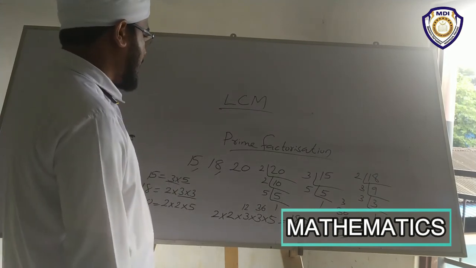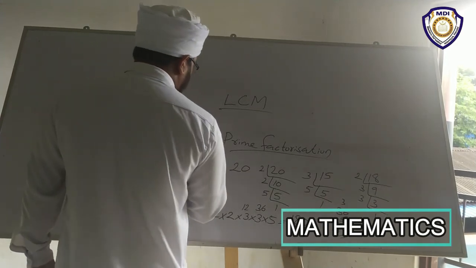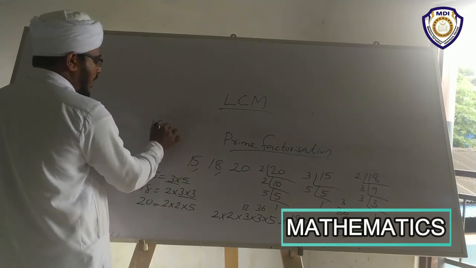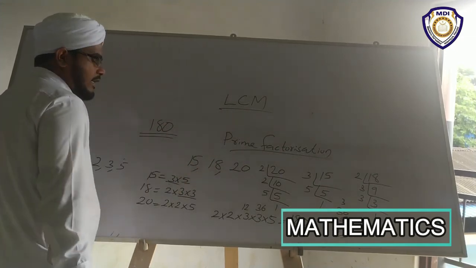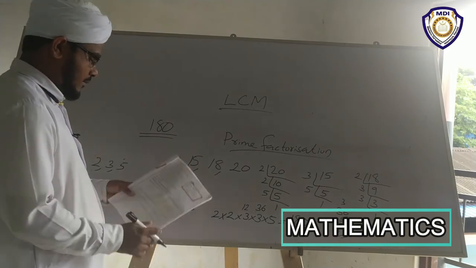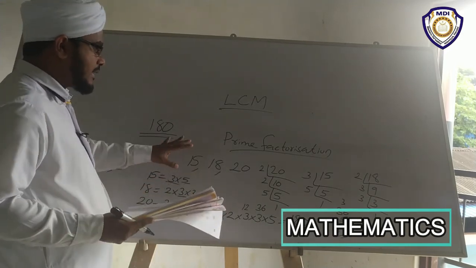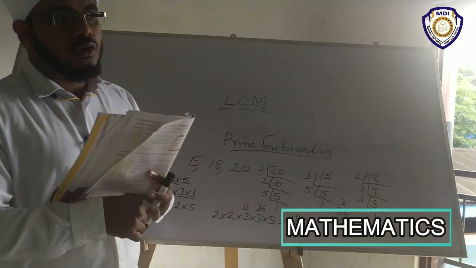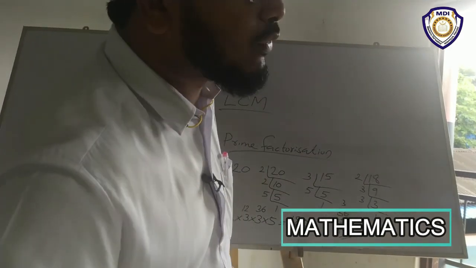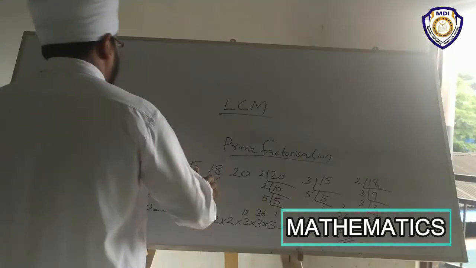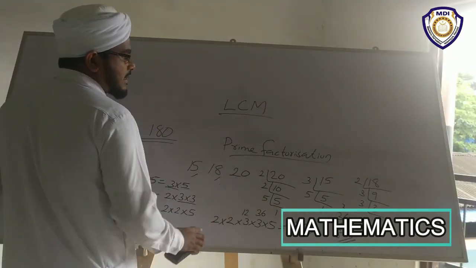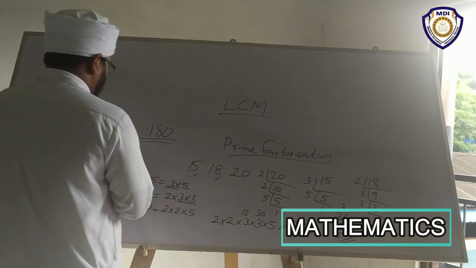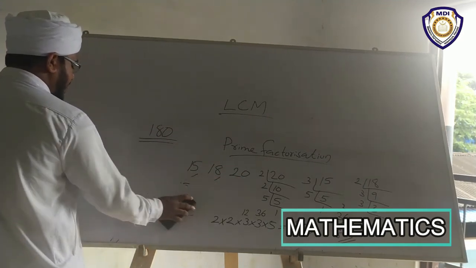Okay, the LCM of 15, 18, 20 is 180. Okay, a very simple way. This is the prime factorization method. We have tried our best to find out the LCM of three numbers 15, 18, 20 by the prime factorization method.